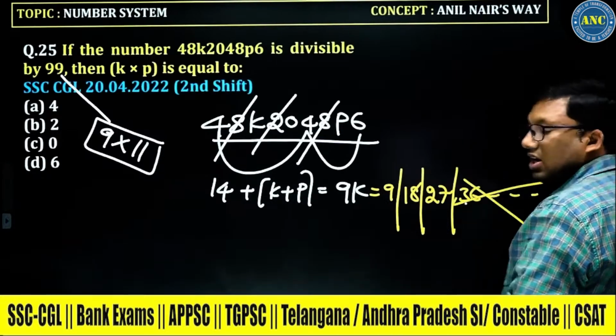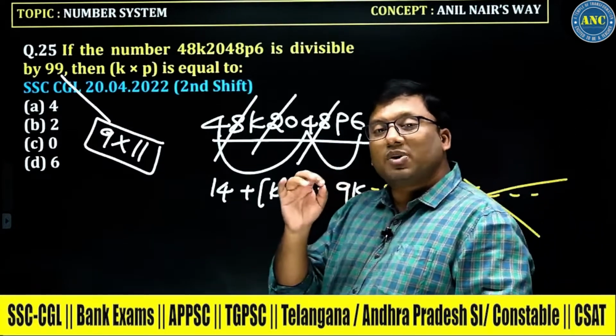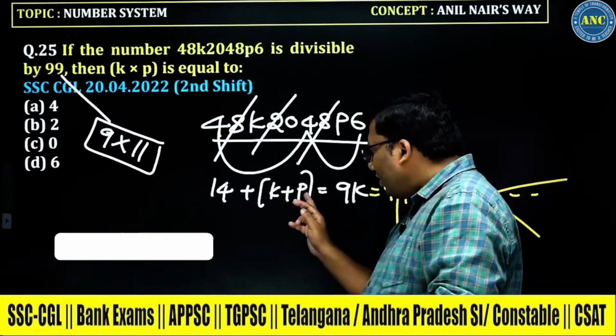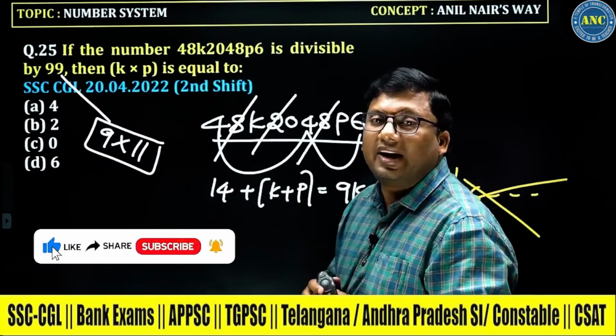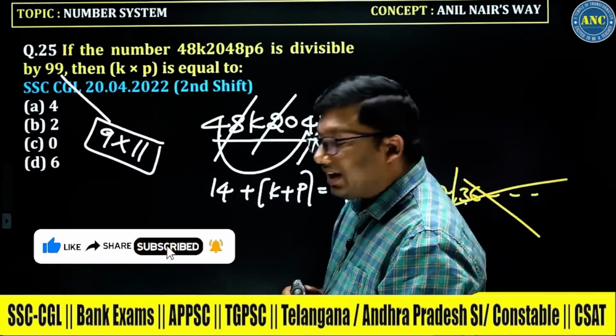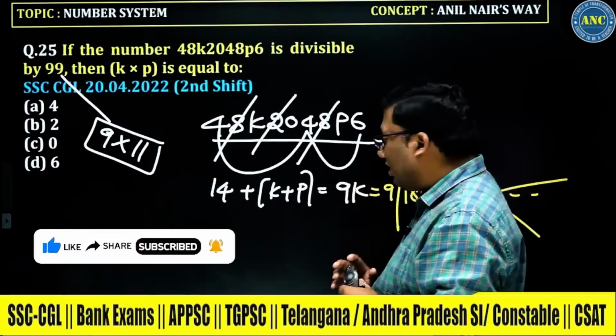From 36 onwards it is not possible because the maximum with two single digits is 9 plus 9, 18, and 18 plus 14 is 32. So it cannot be 36.